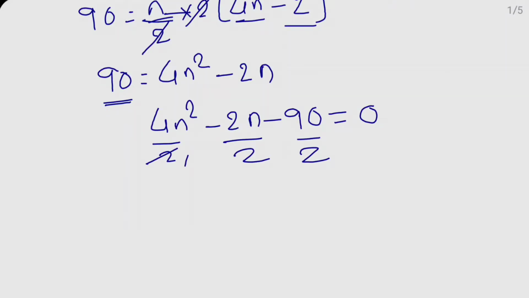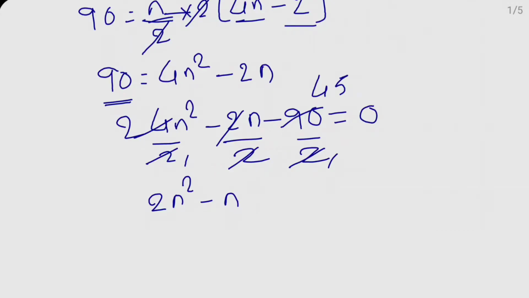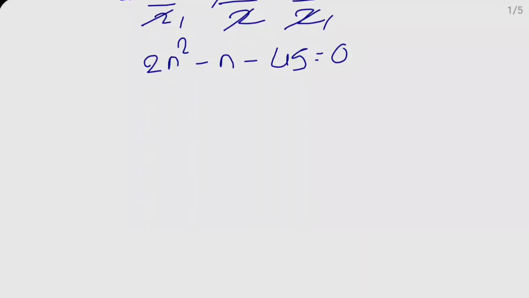So 2 ones are 2, 2 twos are 4, and here 2 gets cancelled, 2 forty-fives are 90. So remaining terms 2n square minus n minus 45, this equal to 0. So look at here, this equation is in the form of a quadratic equation.